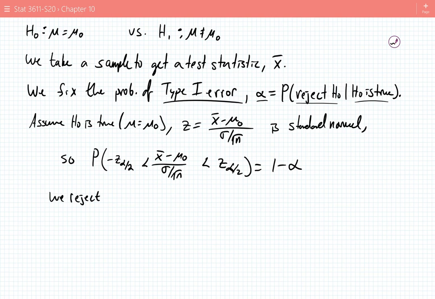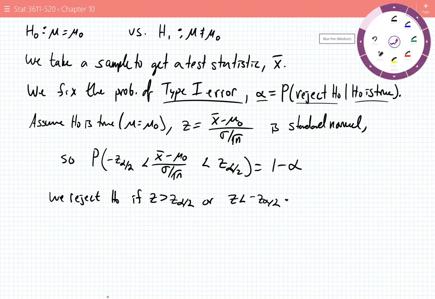We reject the null hypothesis if we get a z value that is bigger than the right endpoint or smaller than the left endpoint, negative z of alpha over 2.